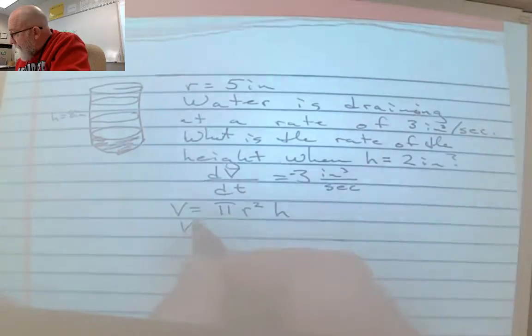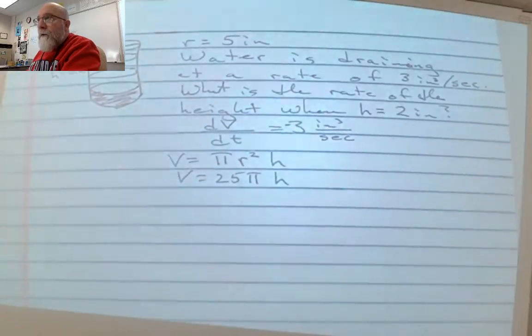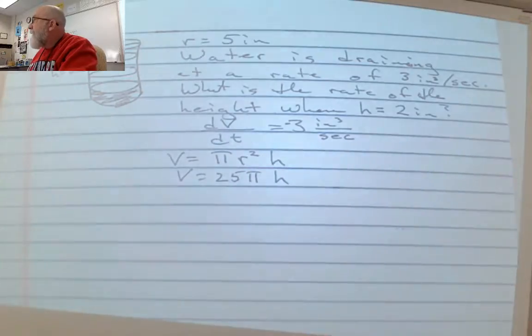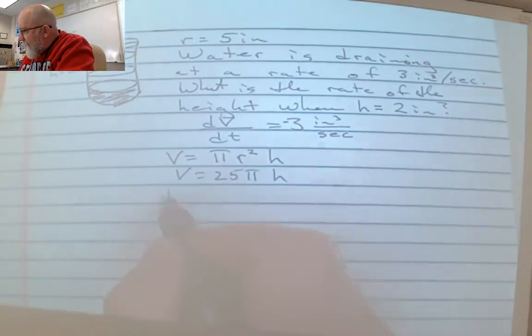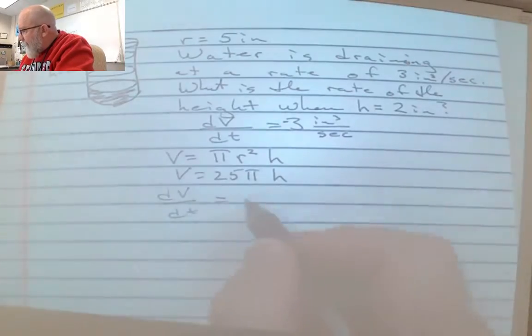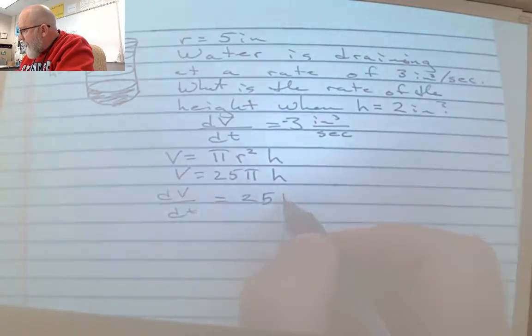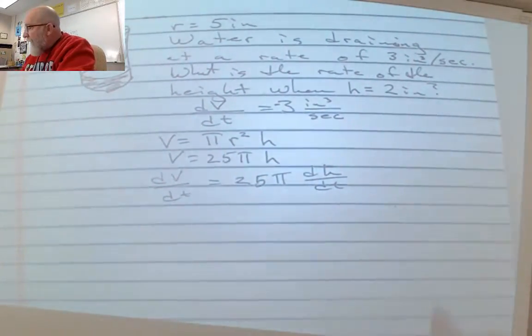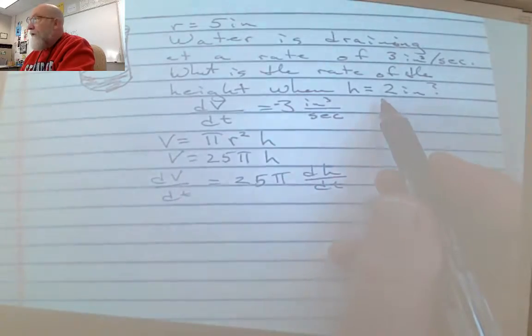So really, I can write this as 25 pi h. Does everyone see that? It makes it really easy, doesn't it? Because the radius on a cylinder is always a constant. So the derivative is dV/dt equals 25 pi dh/dt. So it's always at a constant change, isn't it?